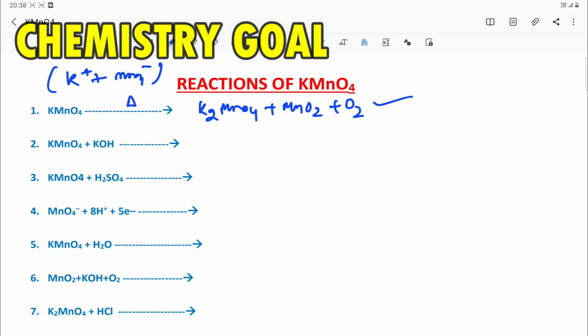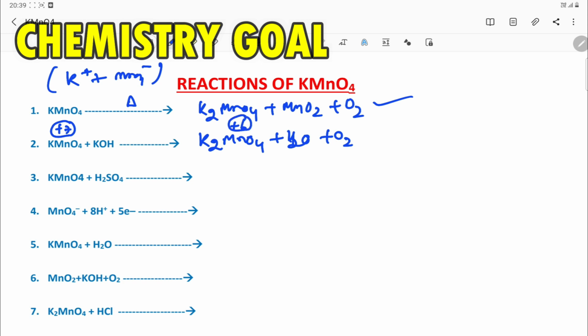Here potassium permanganate in alkaline medium converts to potassium manganate, water and oxygen. That means here potassium permanganate is in basic medium. If you see the charge, manganese has a charge of +7 in potassium permanganate, but in potassium manganate, the manganese charge is +6.